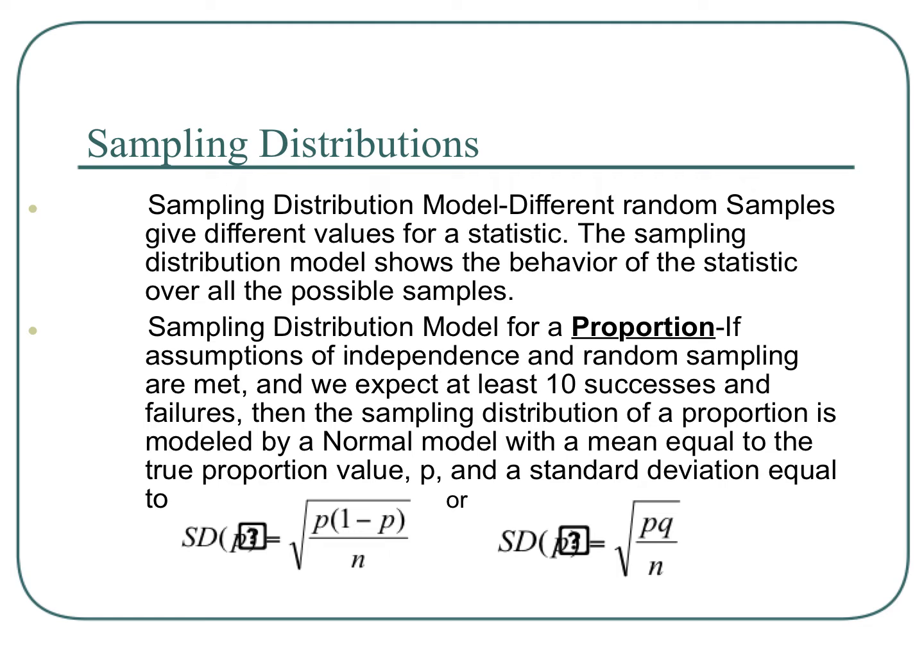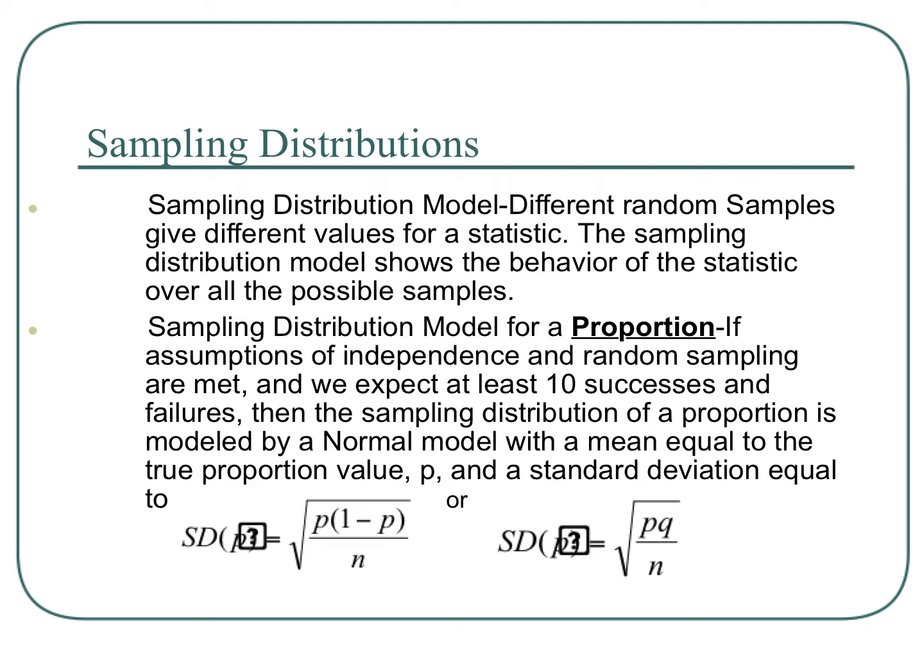So the sampling distribution model for a proportion: there are certain assumptions that have to be true. The assumptions of independence and random sampling must be met. If we expect at least 10 successes and failures, then the sampling distribution of a proportion is modeled by a normal model.